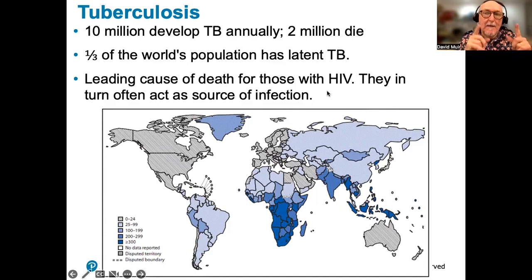Now remember, in the latency, it is the activity of the immune system which is keeping it suppressed. It's keeping that tubercle single and small. Mess with the immune system, that tubercle can very easily break out and cause disseminated tuberculosis.